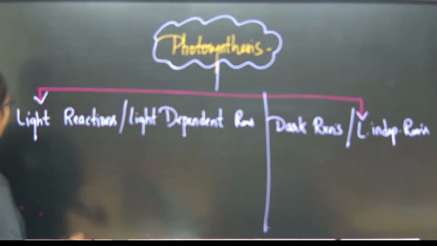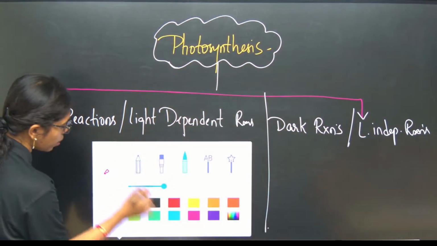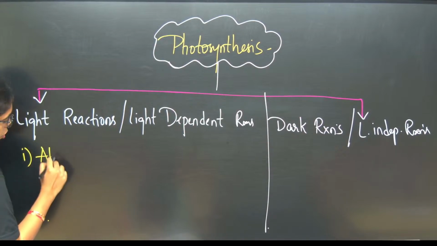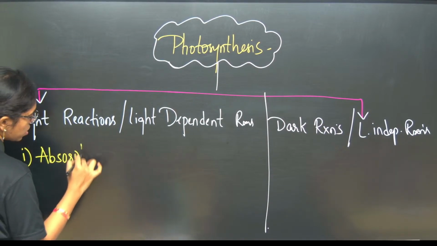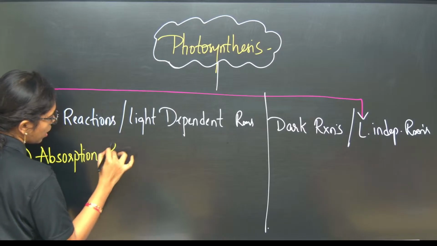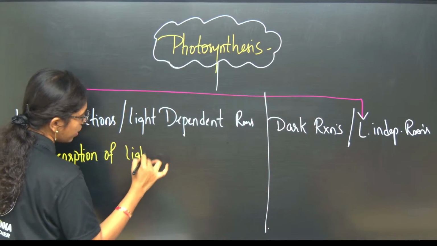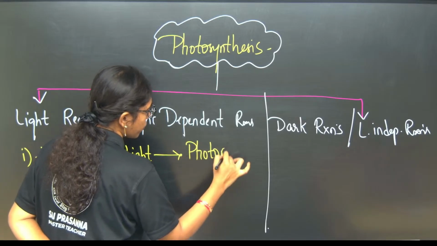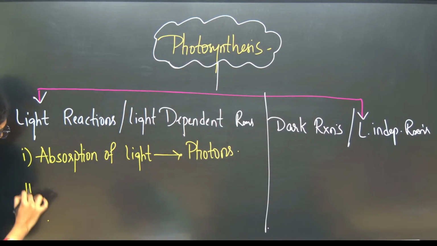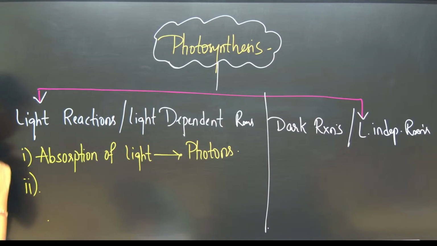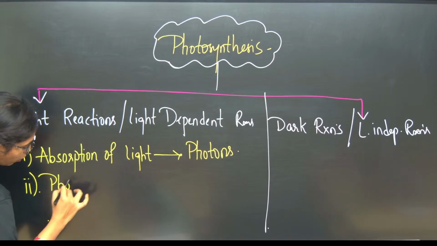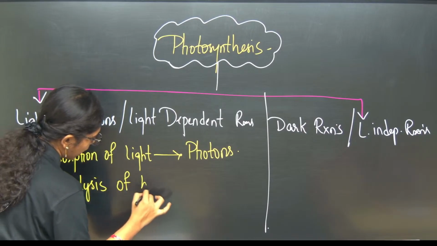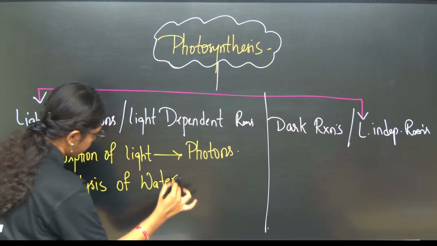Got it? So, in light reactions there are three sequential steps. Today we are going to learn this. First is absorption of light in the form of photons. Second is photolysis of water.